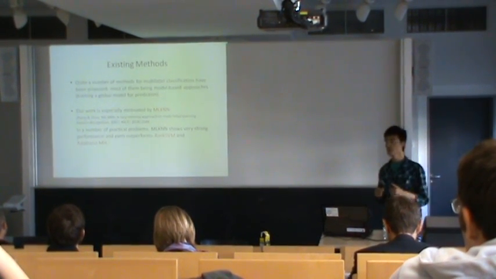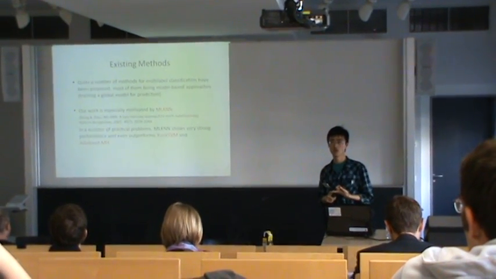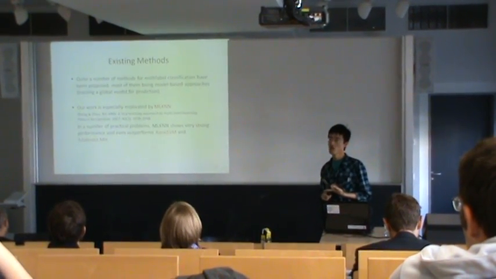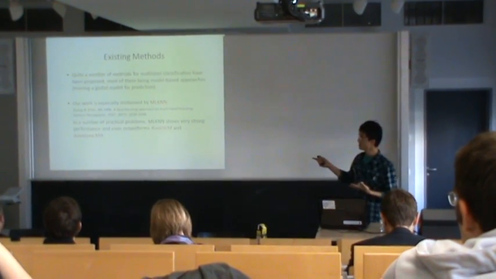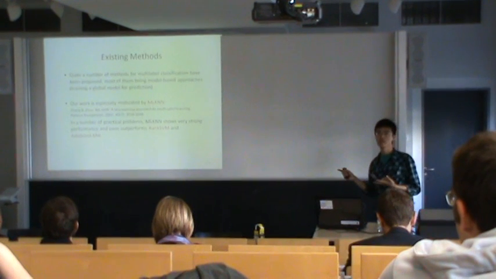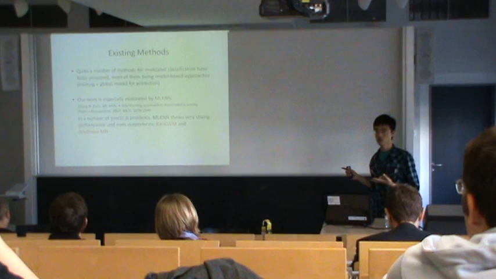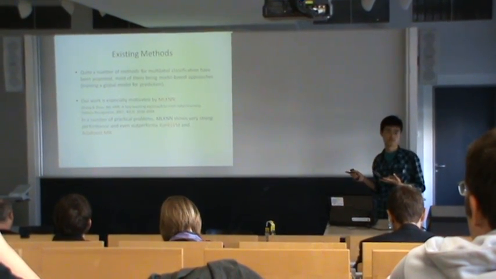So there are two things here. First, it shows the potential of instance-based approaches for multilabel classification. Second, even though MLKNN shows very good performance, we still believe that the potential of the instance-based approach is not fully exploited yet.